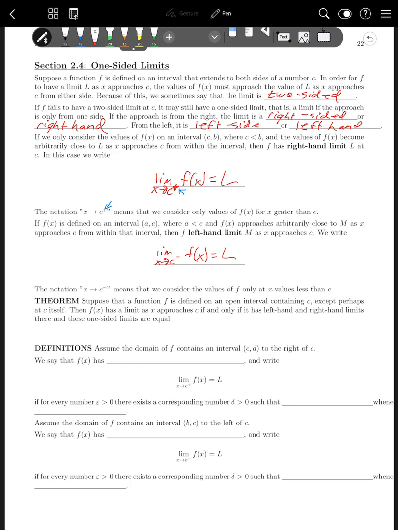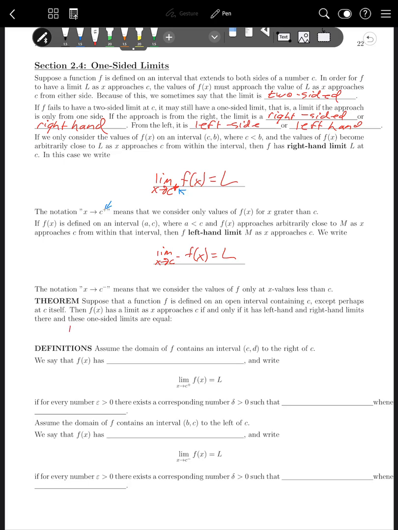Now, one of the ways all these limits we've talked about are related to each other is through the following theorem. Suppose that a function f is defined on an open interval containing c, except perhaps at c itself. Then f of x has a limit as x approaches c if and only if it has a left-hand and a right-hand limit there, and these one-sided limits are equal.